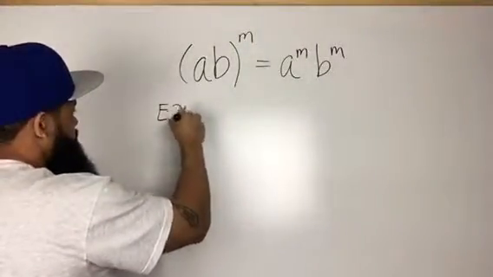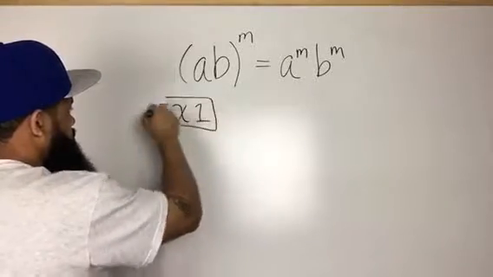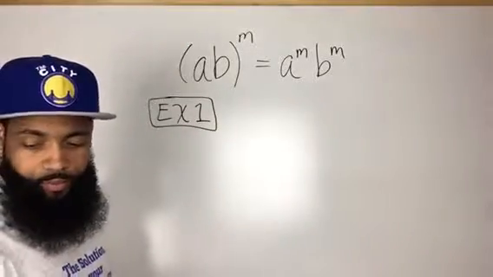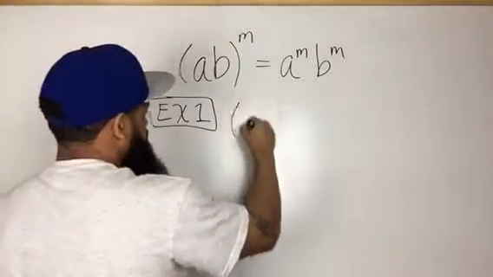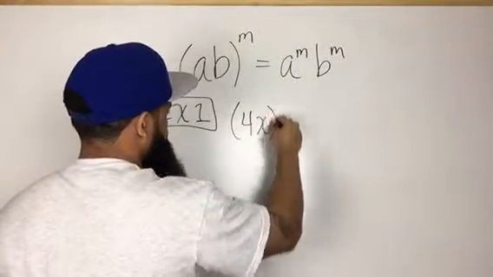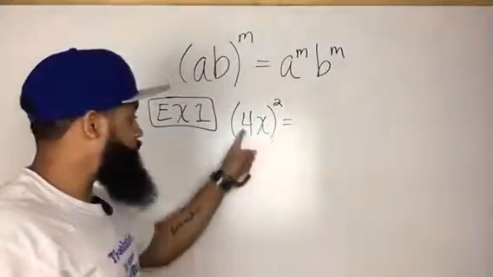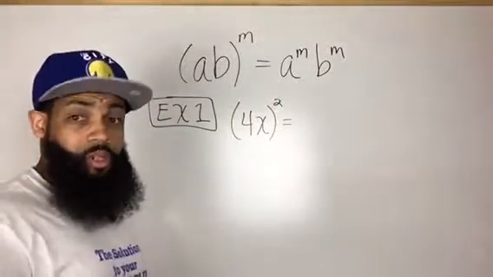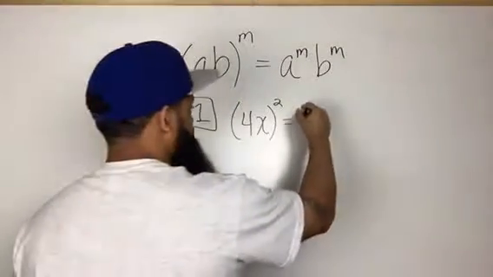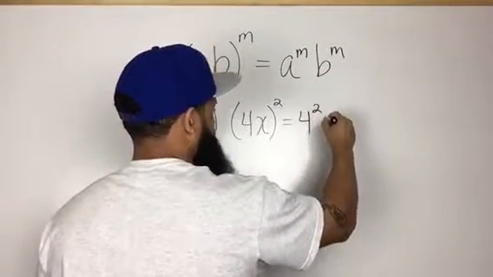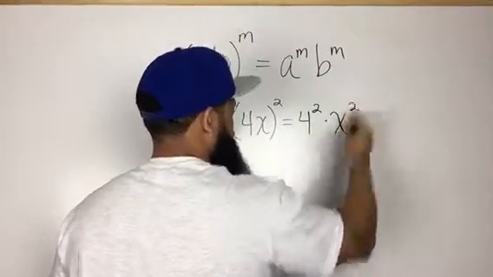Example 1. Let's say I have 4x to the second power. Okay? Now 4x to the second power, remember I have to take both of these to the second power. And I'm going to go through each step. So this is 4 to the second power times x to the second power.